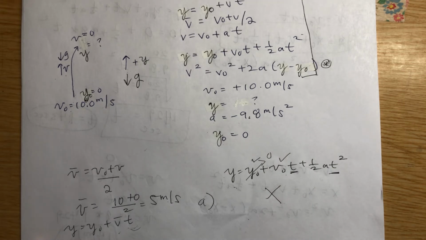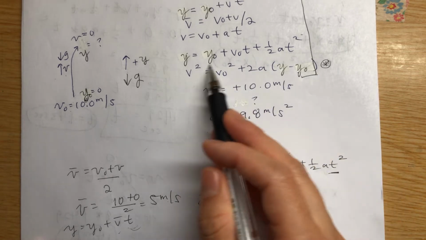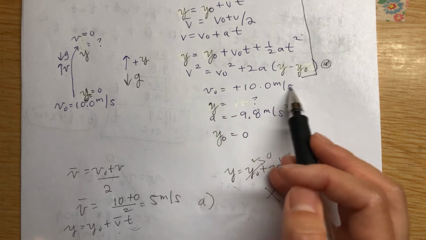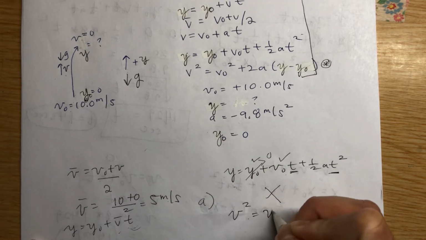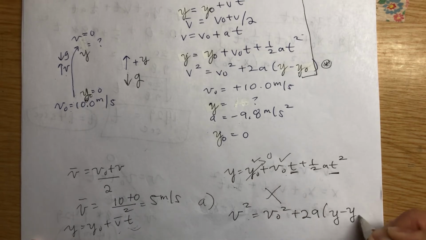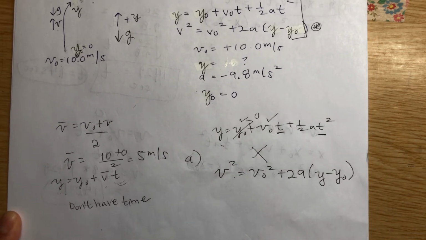So which equation should I use? If you use this equation, I can find y. V squared equals v naught squared plus 2a times y minus y naught. Just plug in what you know.